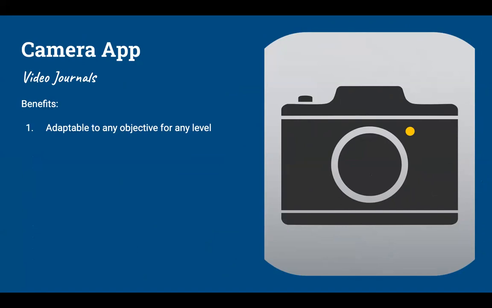Or it might be more advanced where I'm having them interview a friend, or practice some kind of more advanced grammar concept. But the point is that it's super adaptable to any language objective at any level.